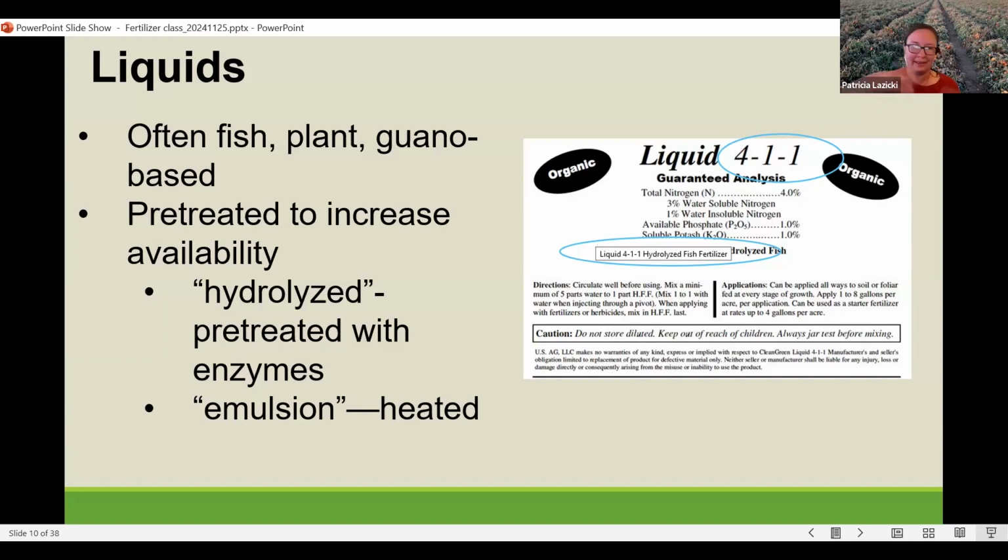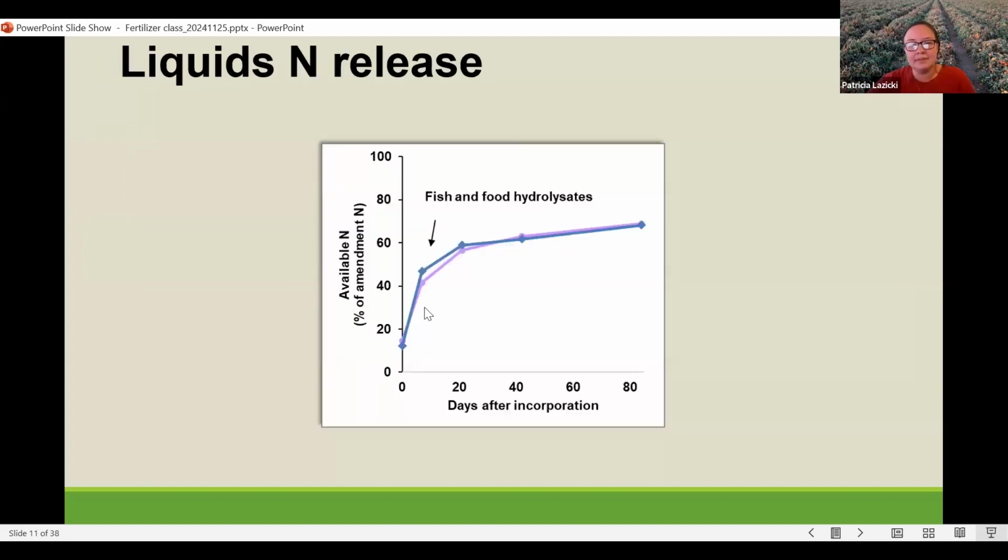That means it's heated. And both of those processes are, if you remember the slide that Margaret showed of that organic nitrogen molecule breaking down, designed to do that work for the microbes in advance. So these are going to be quick release materials.